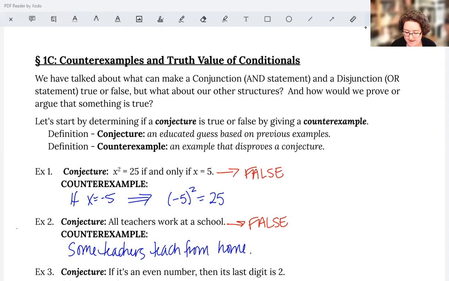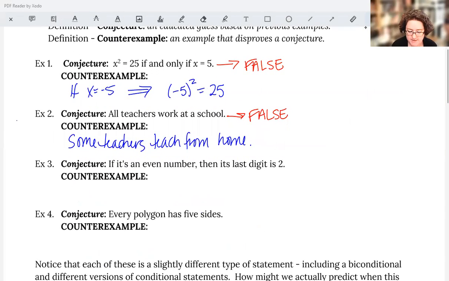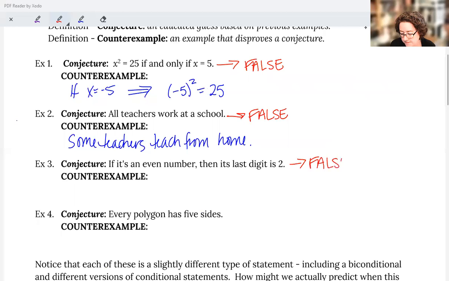All right, let's look at our next one. So example 3, if it's an even number, then its last digit is 2. What do you think, true or false? Personally, I think that's a false statement. Why do I think so?